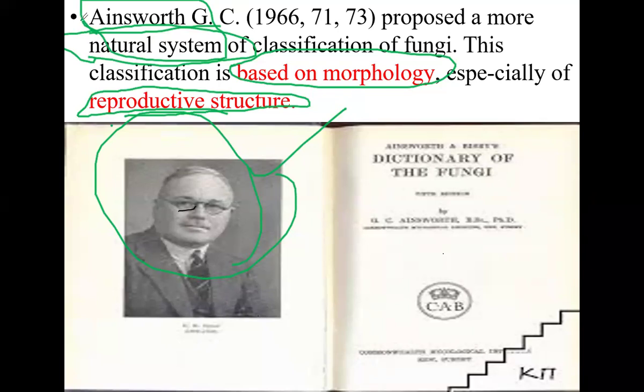You know what is the natural system of classification in angiosperm? That question also raised. In angiosperm classification, which is the natural system of classification? You might have studied angiosperm classification, taxonomy of angiosperms.